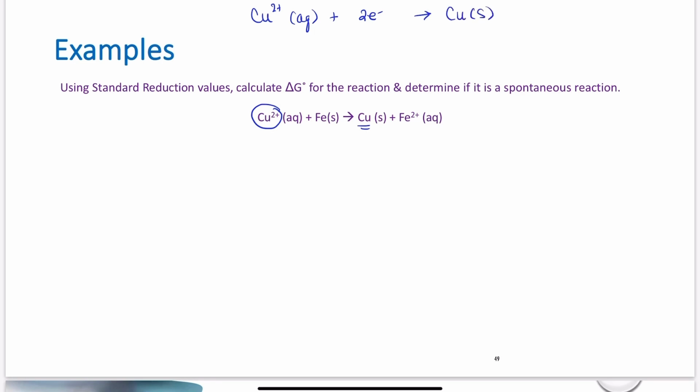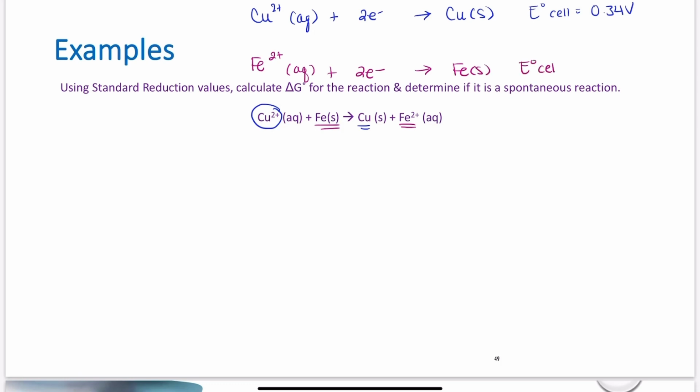I look up that cell potential online, and written as a reduction, the cell potential is 0.34 volts. I've also got iron solid giving me iron 2 plus. If I look up the reduction reaction for iron 2 plus, that is definitely not a 2. Iron 2 plus aqueous plus 2 electrons giving me iron solid.